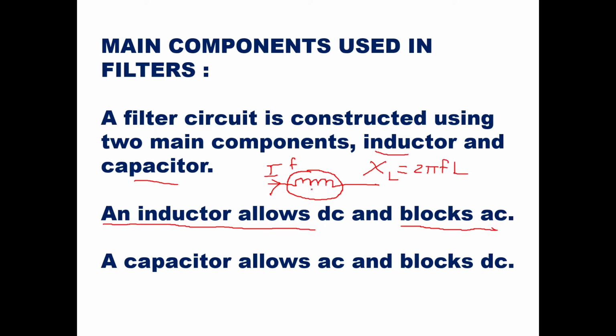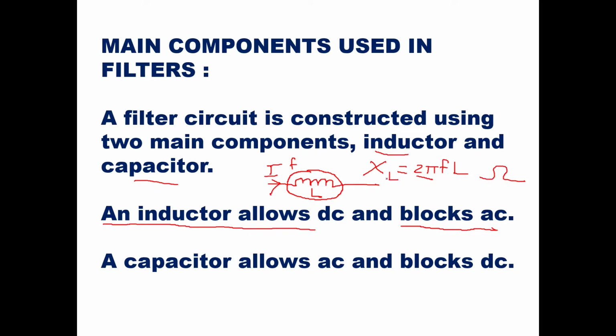L is the value of the inductor, F is the frequency of the current, and 2 pi is a fixed value. So 2 pi into frequency into inductance value will give you the reactance provided by the inductor in ohms.